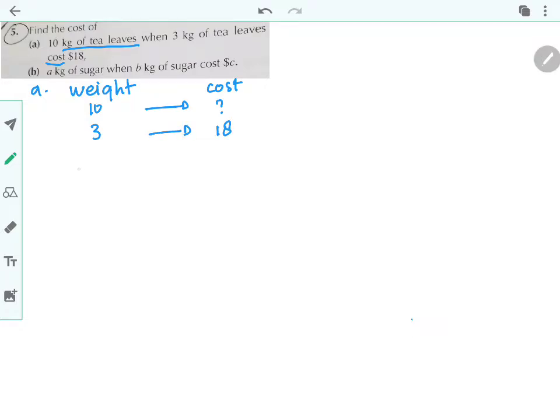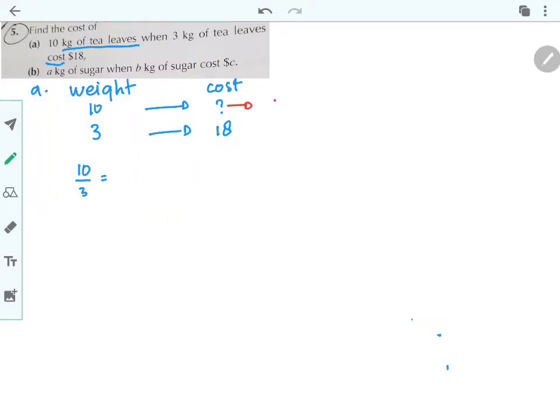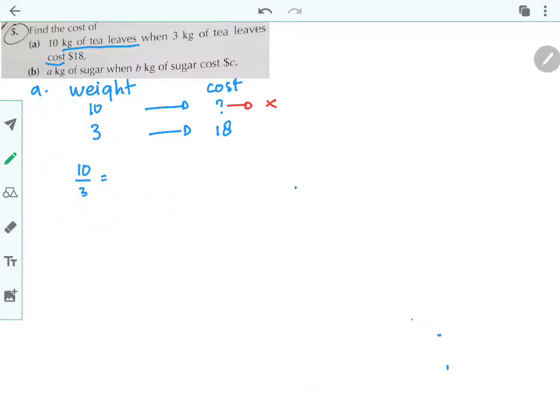Okay, so 10 over 3 equals, if we have an unknown variable, we are going to call it x, so x over 18. Right now what we need to do is cross multiplication.